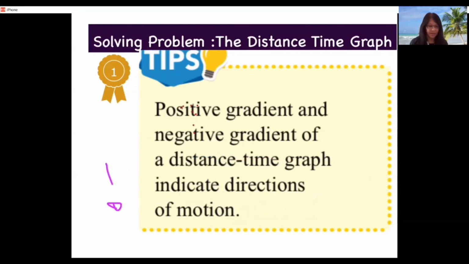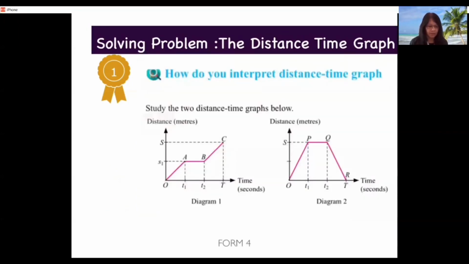Next, we proceed to the next slide. For this topic, we have two types of graph. One is the distance-time graph, and the other is also a distance-time graph, but the shape is a bit different. You can see that this is positive, then 0, then positive.